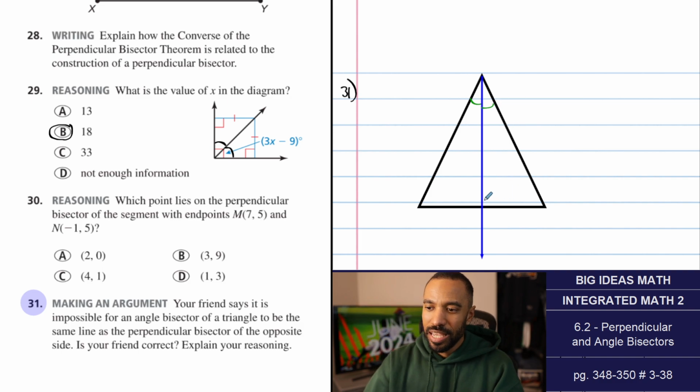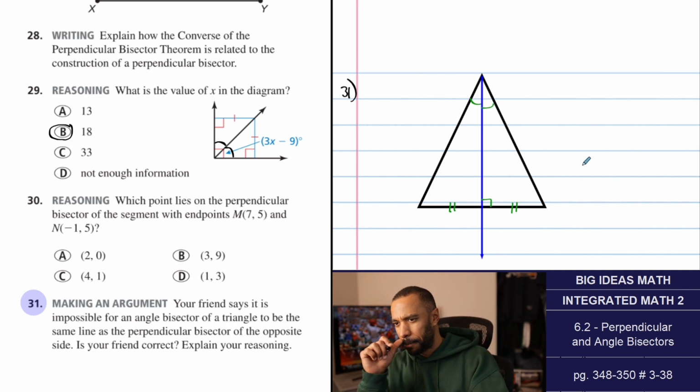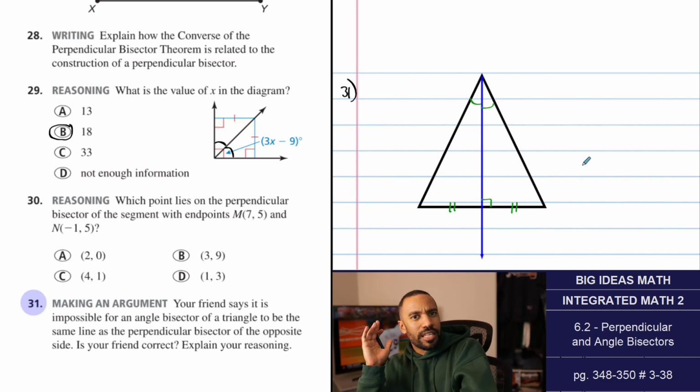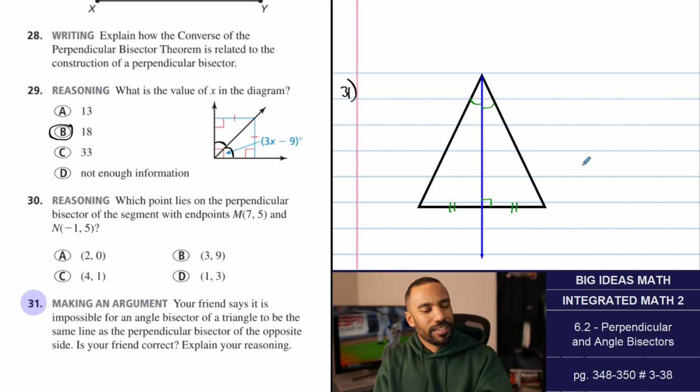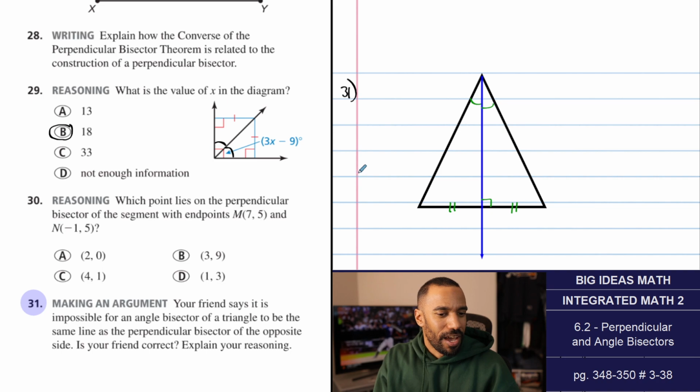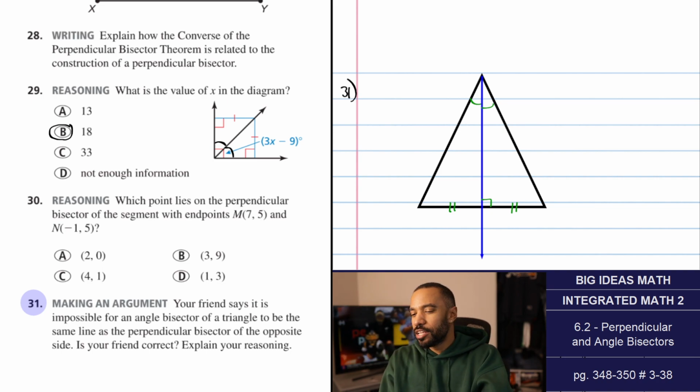They're saying, you know what? It can't go in between these guys right there to make these congruent. No way can it. To that I say, huh? No, your friend's not correct. Explain your reasoning.